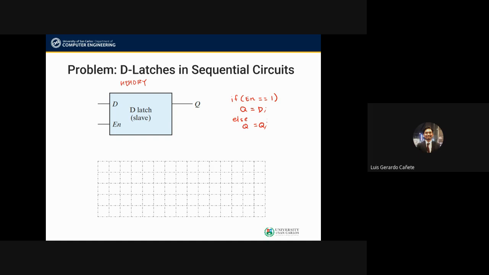Okay, so in a lot of cases, what we use to enable your D latch is something called a clock. The clock will give us a predetermined frequency of how many times we sample the value of D, or how many times we get the value of D. Now, there's a reason why we want to use a clock instead of something asynchronous like an enable.